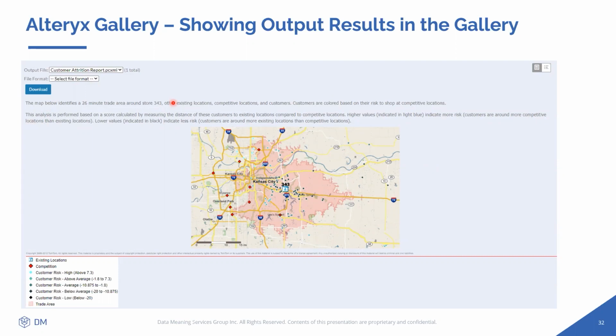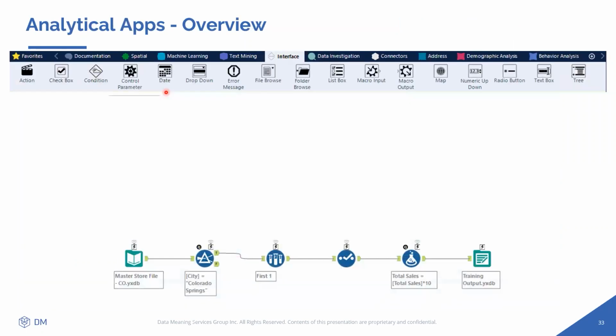And of course, for you to be able to customize this, for example the store 343, if you want the end user to select anything prior to running that workflow, that's when we start talking about analytical apps. Once again, on Designer, creating an analytical app is very simple actually.